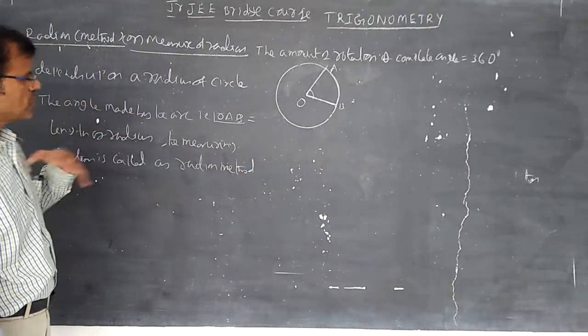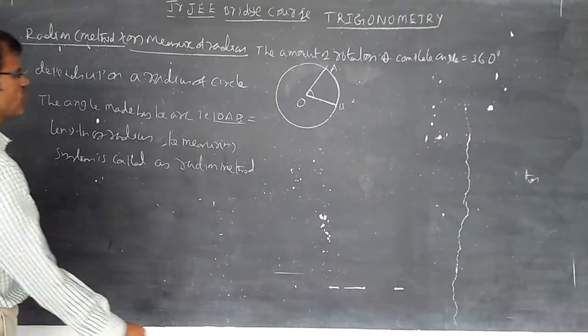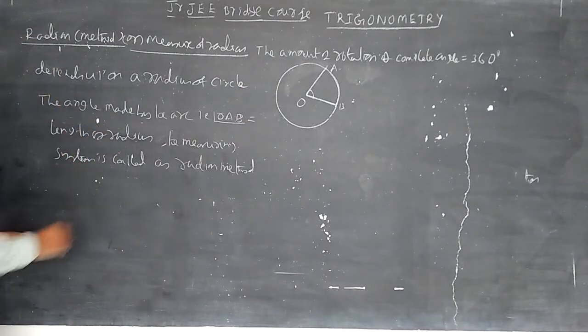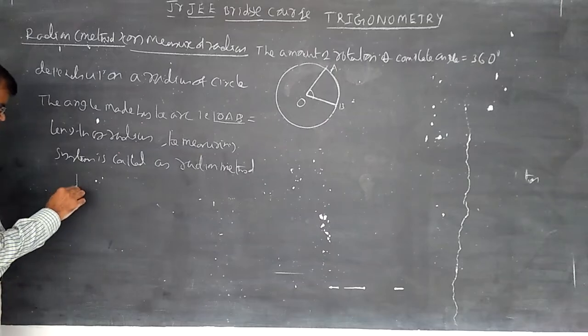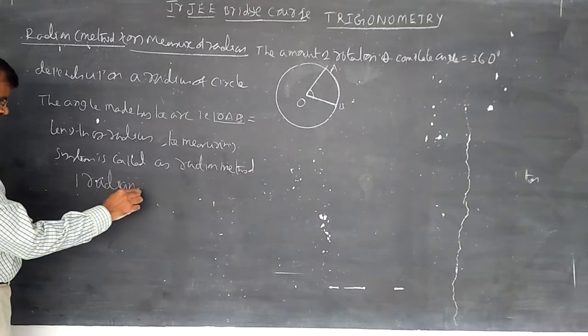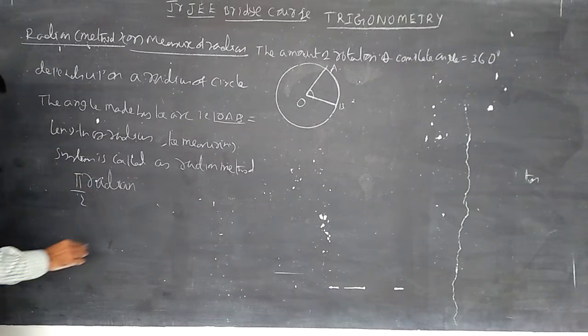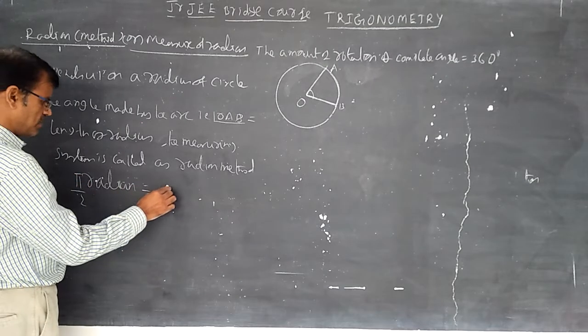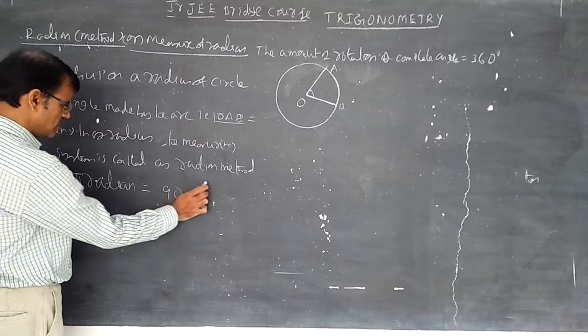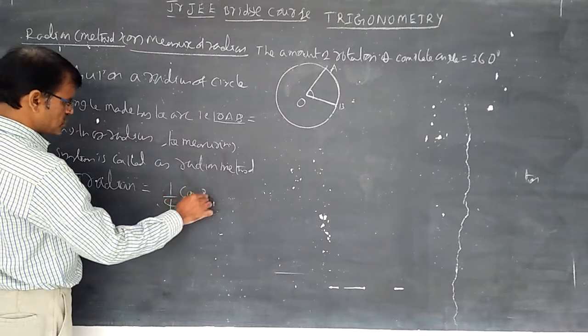One radian is equal to the angle made by the arc, so angle OAB we can write as a radian. So here you can write 1 radian. Pi by 2 radians is equal to 1 by 4 of a complete revolution.